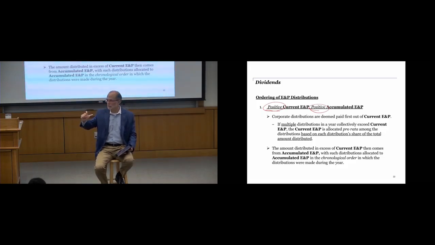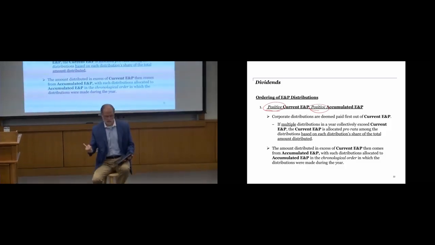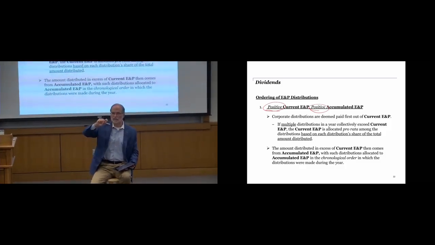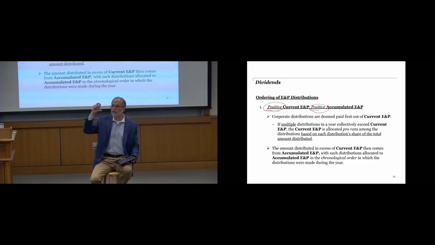Because there is no pro rata sharing, because there's only one distribution in the year. That's the first example we go through. And then that's all of the current E&P, and then I go through accumulated E&P, but since there's only one distribution, you get your percentage ownership of the corporation times the accumulated E&P, right? That's the updated value of the distribution.